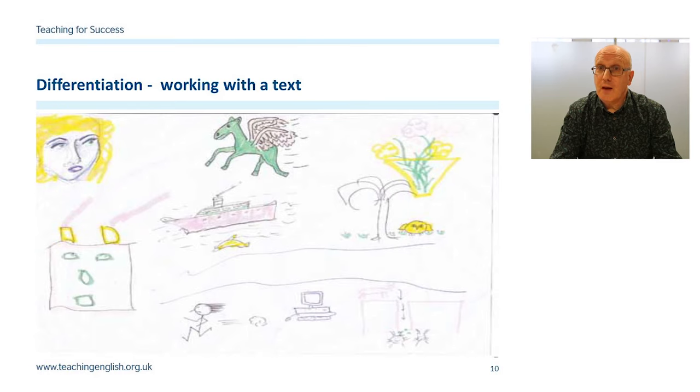We can work with any point of grammar and tense as well. So again, we can work with different sorts of levels, but different learners can engage with this in their own way. If somebody writes a story, some might just write a few lines. Others might write what I call a French novel. But it allows them to engage at a level that they can achieve in.